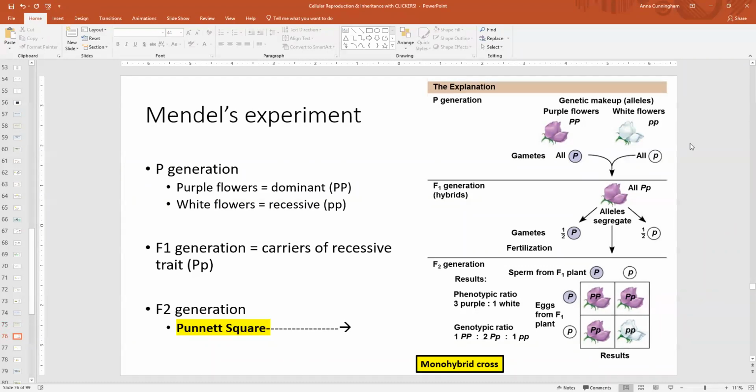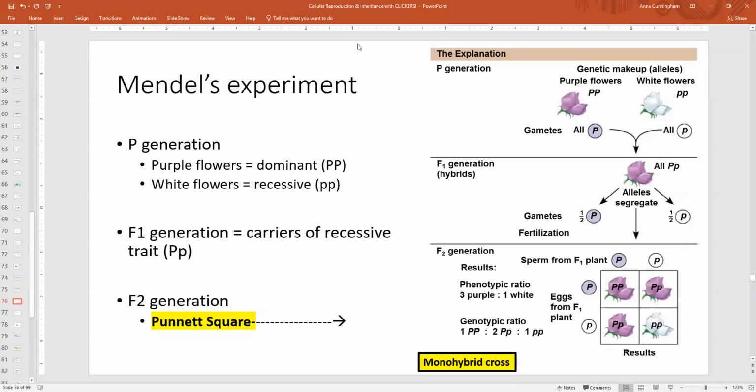So, as you are probably aware, this means we're going to talk about Punnett squares. Yay! In order to talk about Punnett squares, first we can look at the top of the slide. What you're looking at here is the P generation, from Mendel's experiment.